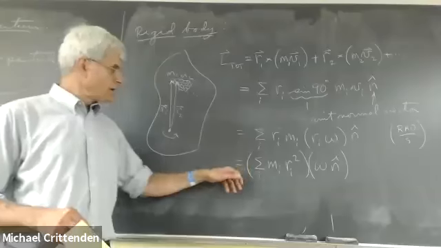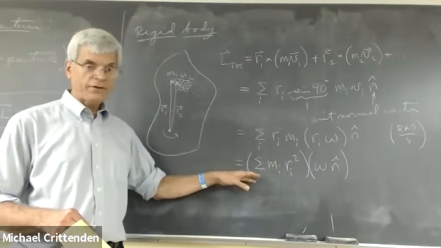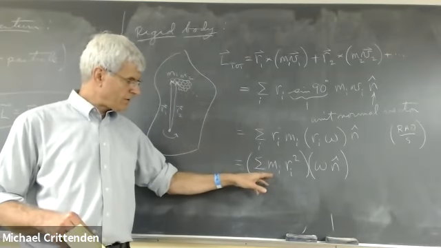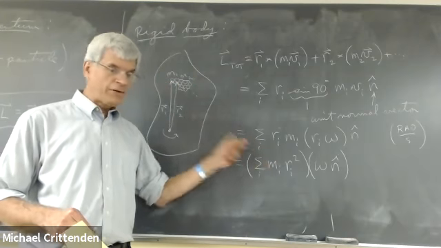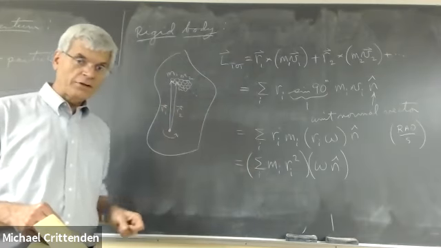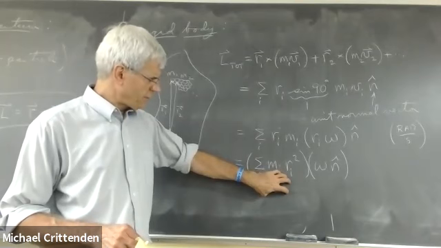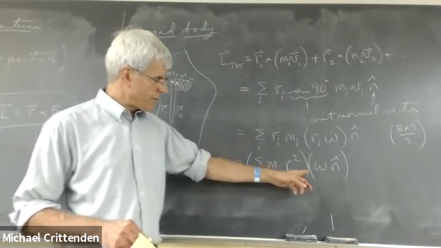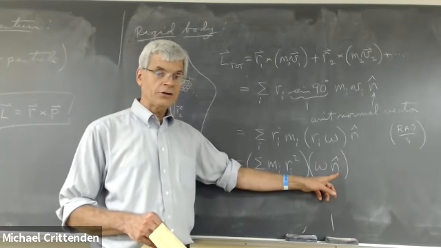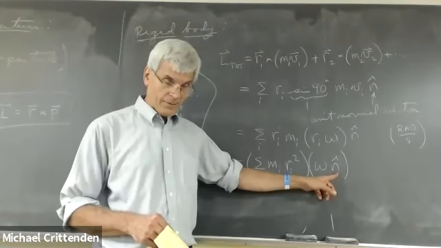And of course, to get an exact calculation of the moment of inertia, I explained all this in the past, but just to repeat myself, you have to take the limit of infinitely many, infinitely small particles. This summation becomes an integral in the limit. So that's the moment of inertia. Over here in the other set of parentheses, you have the magnitude times the direction of the angular velocity vector.